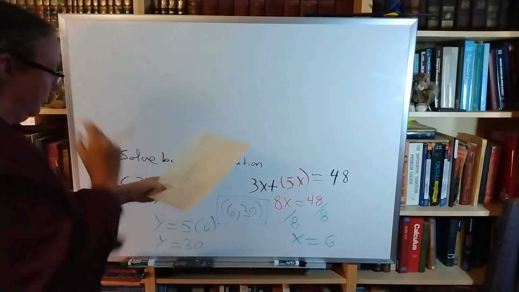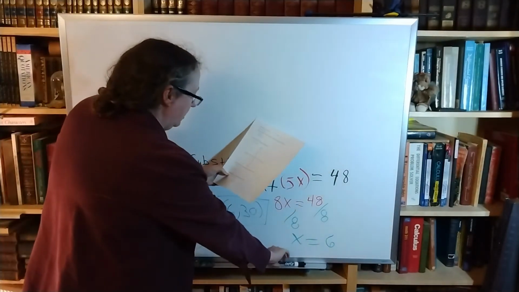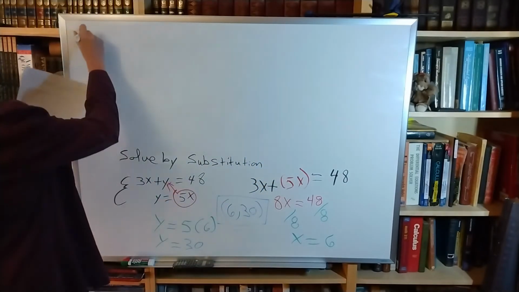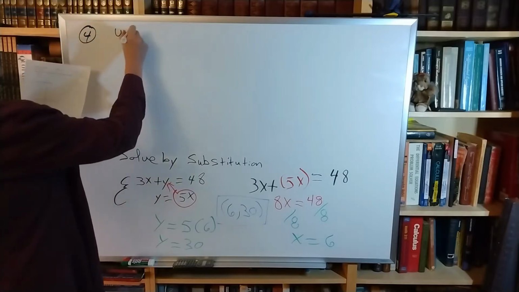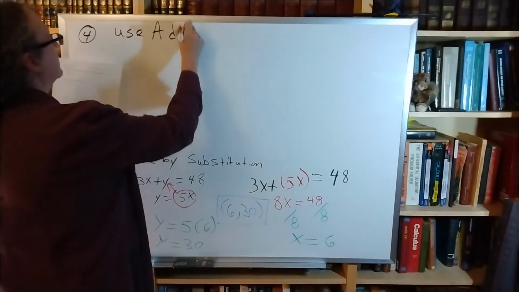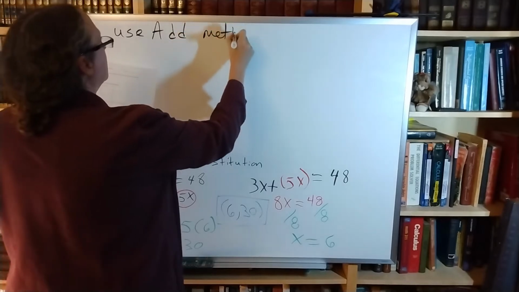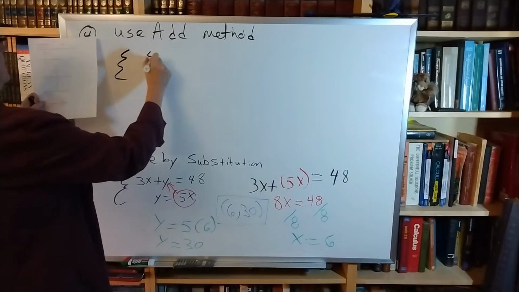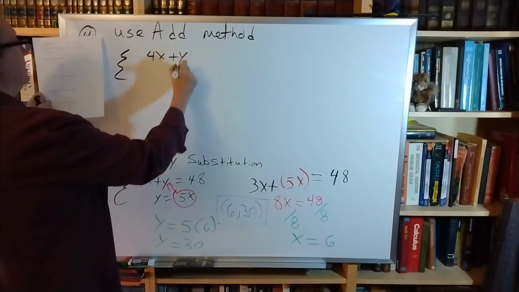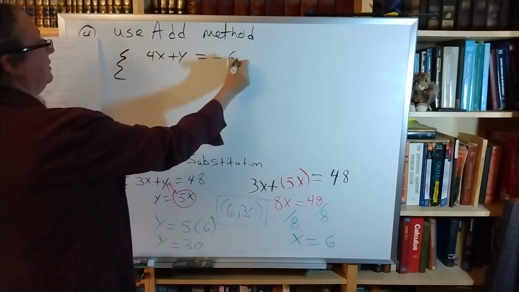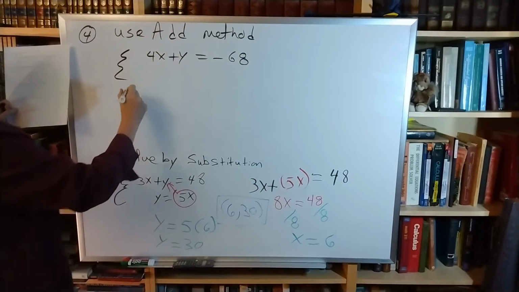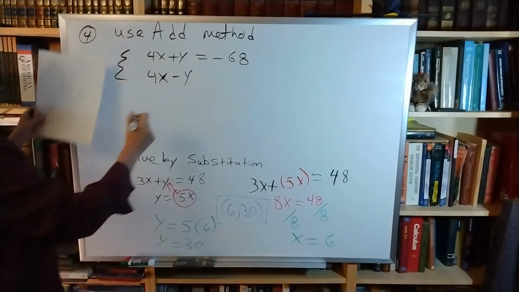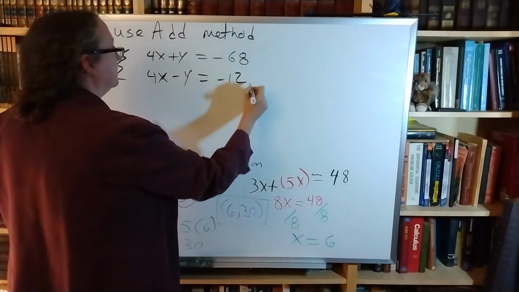Question 4 is asking us, solve the system of equations by the addition method. And we have the equations 4x plus y equals negative 68, and 4x minus y equals negative 12.